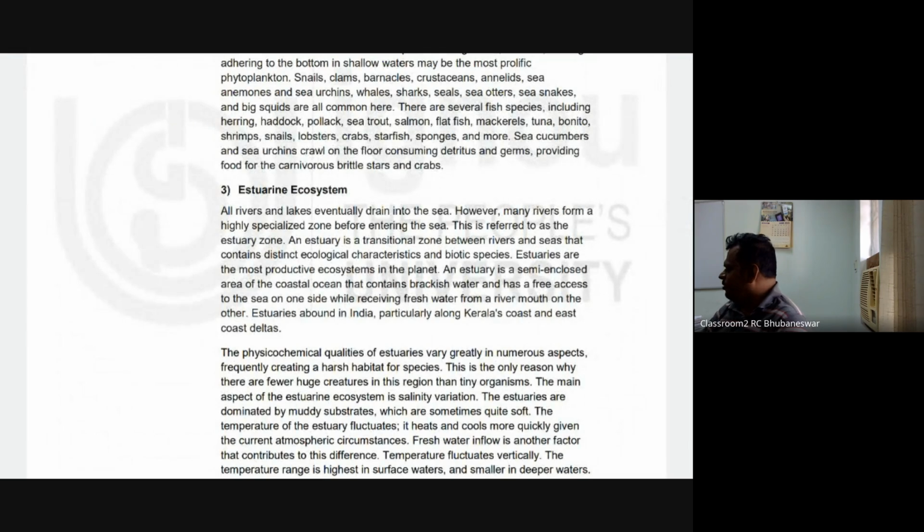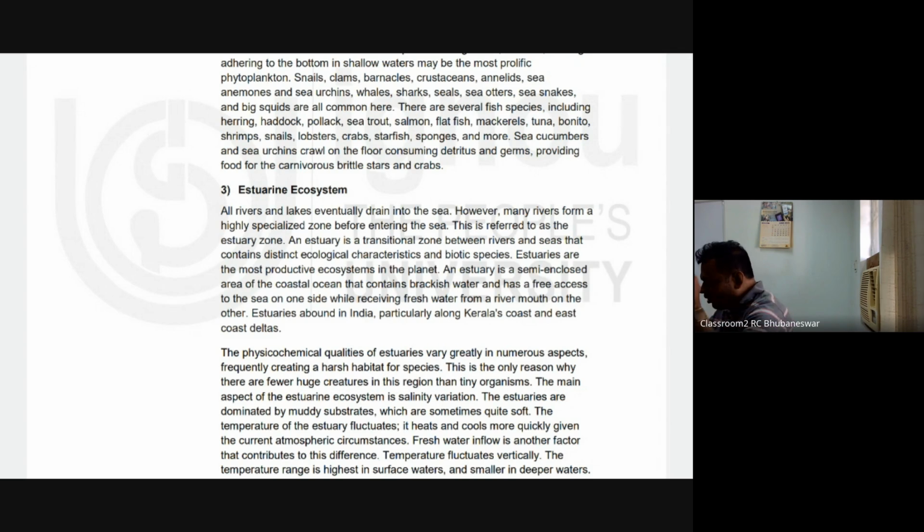Estuarine ecosystem, what do you mean by estuarine ecosystem? An estuarine ecosystem is a mixture of both freshwater ecosystem and marine ecosystem. From the word estuary, we get the estuarine ecosystem. It has the characteristics of both freshwater and marine ecosystems, so it is a transitional zone between the oceans and the freshwater ecosystems.